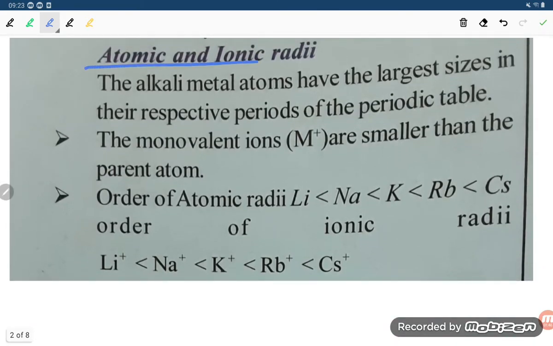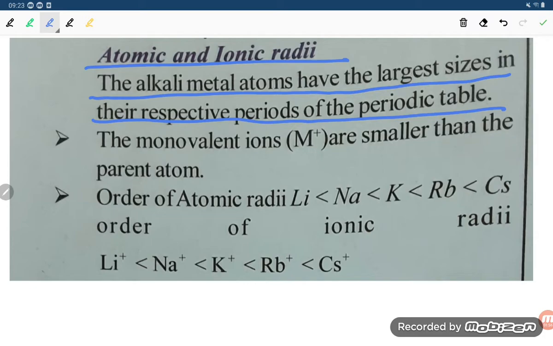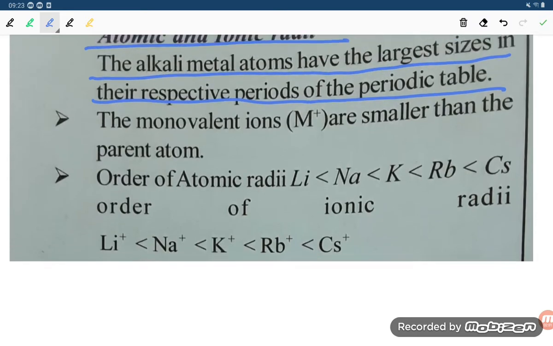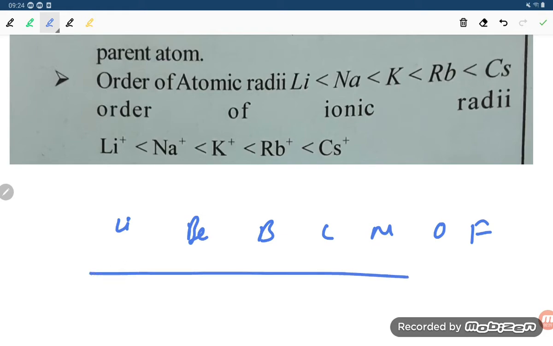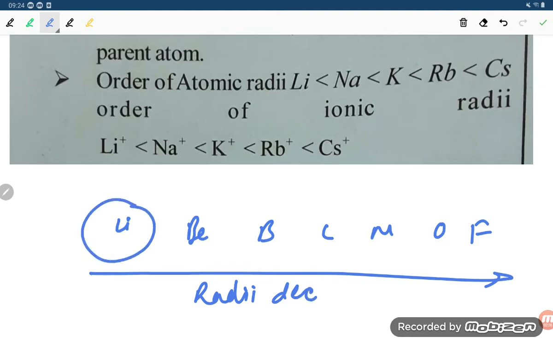Next is atomic and ionic radii. The alkali metal atoms have the largest size in their respective period of the periodic table. In the period lithium, beryllium, boron, carbon, nitrogen, oxygen, fluorine, the radii are decreasing, which means the alkali metal has the largest size.